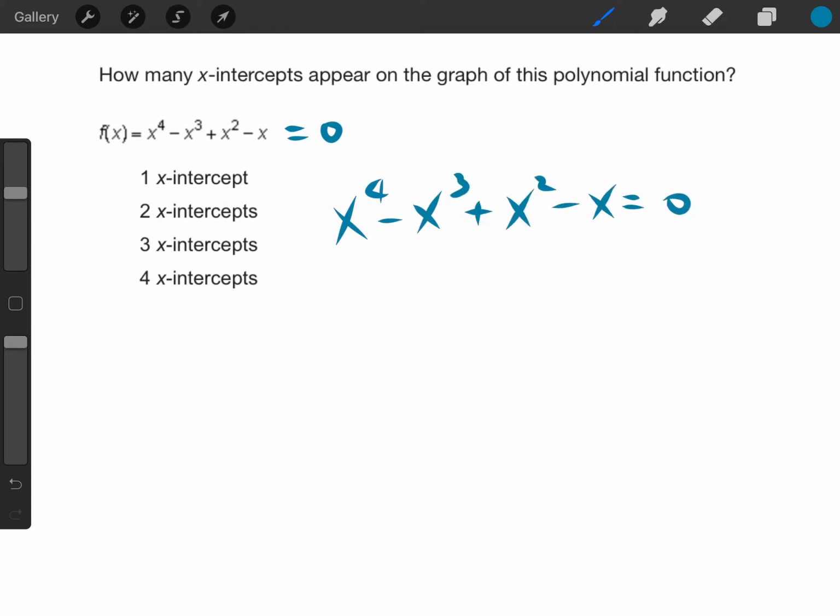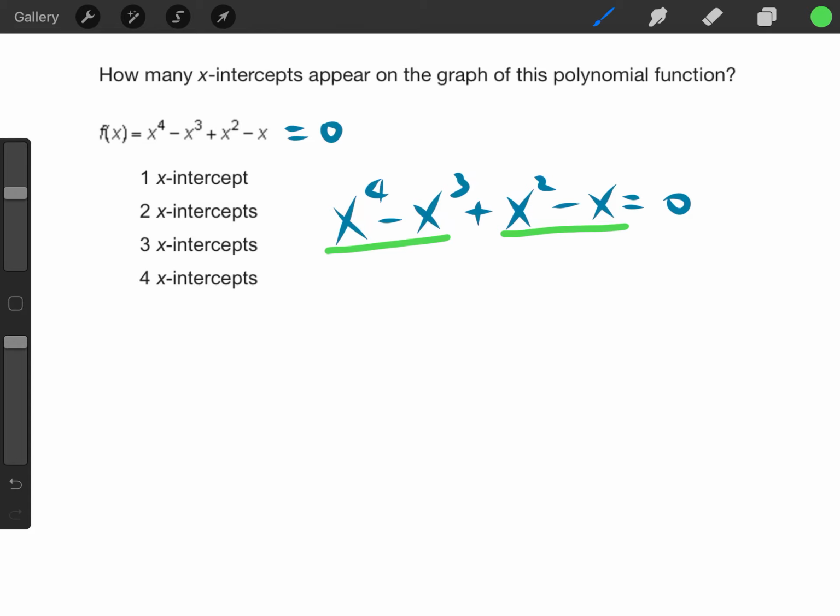You have to use the method called grouping. You're going to have to factor out the x cubed. I skipped something: how do I know we have to use the method of grouping? When you see four different terms and they ask you to factor it, it usually requires you to group the first two and the last two.